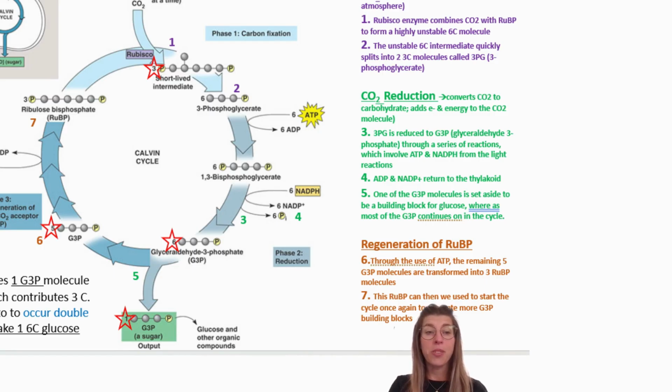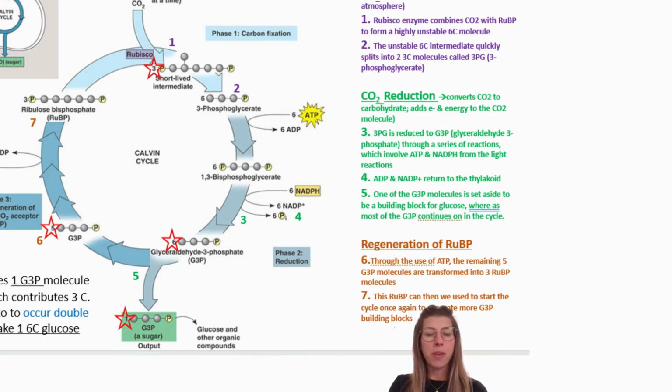Now let's talk about how many times this cycle has to turn to be able to produce one glucose molecule. At the top, I put an asterisk right beside the CO2. It's a nice blue asterisk there at 12 o'clock of the cycle. I wanted to remind ourselves that this cycle releases one G3P molecule for every 3 turns.